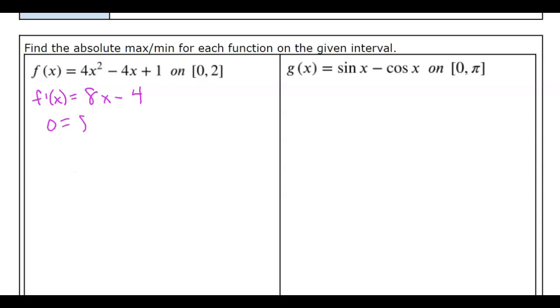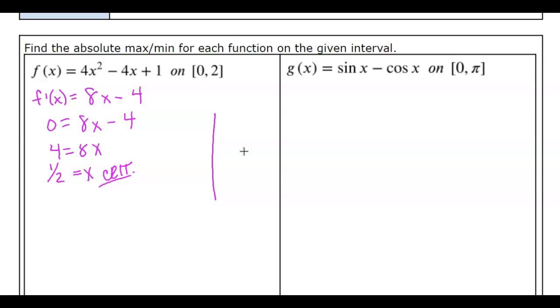So this derivative equal to 0, add 4, divide by 8, so 1/2. And remember, that is a critical value, which is a possible max or min. We wouldn't know unless we did a sign chart, but it typically is going to be a local extrema.